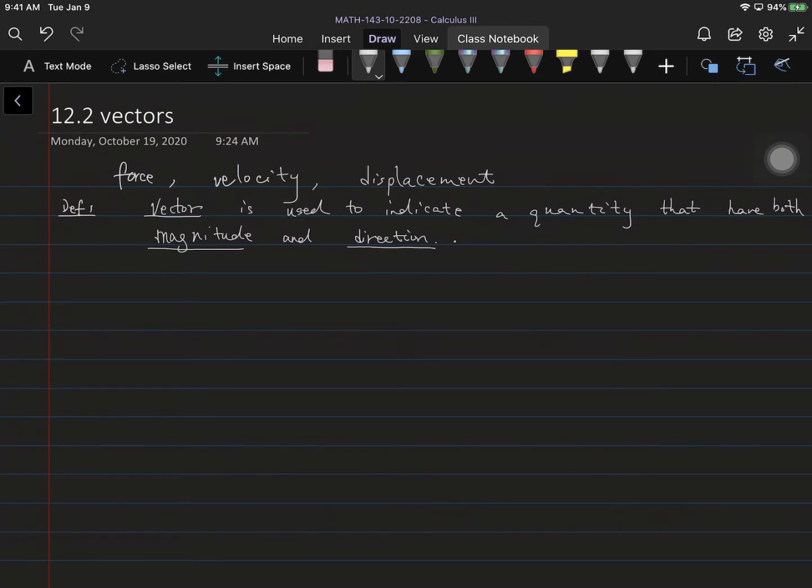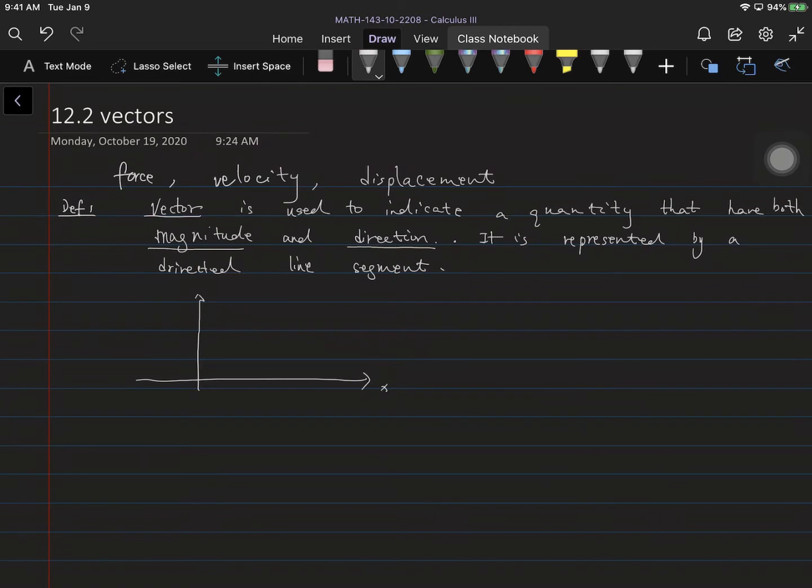And we use a directed line segment to represent a vector. It is represented by a directed line segment. Okay, so now let's see how we draw the vector.